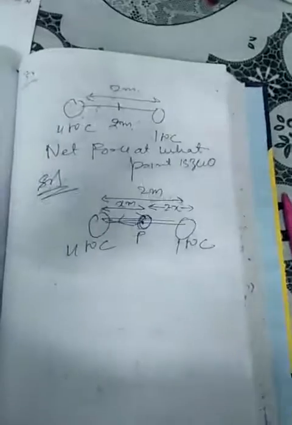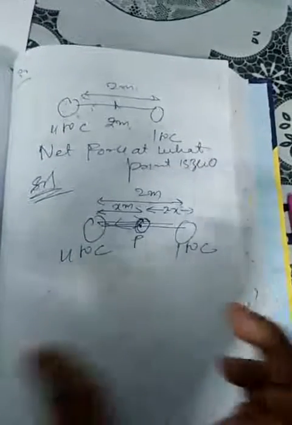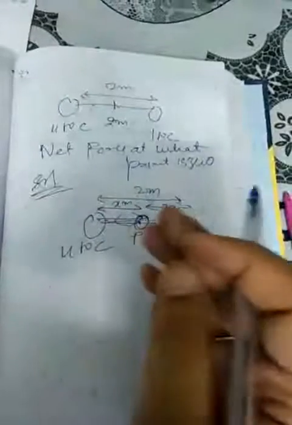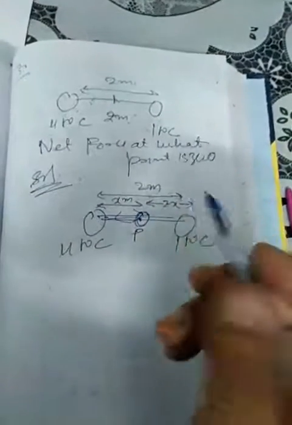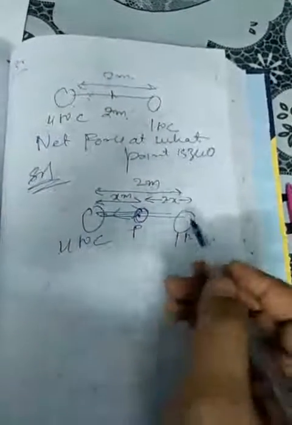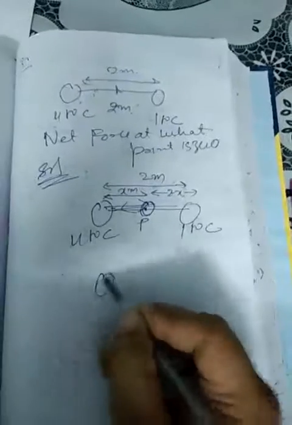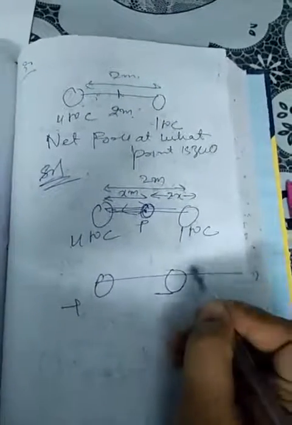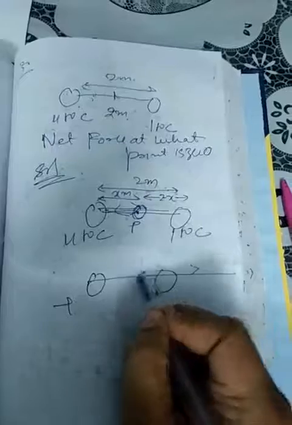Now we know that two like charges repel each other. When the forces are opposite to each other, they cancel the effect and the net force between them is 0. If one charge is positive and the other is negative, there will be a negative effect.